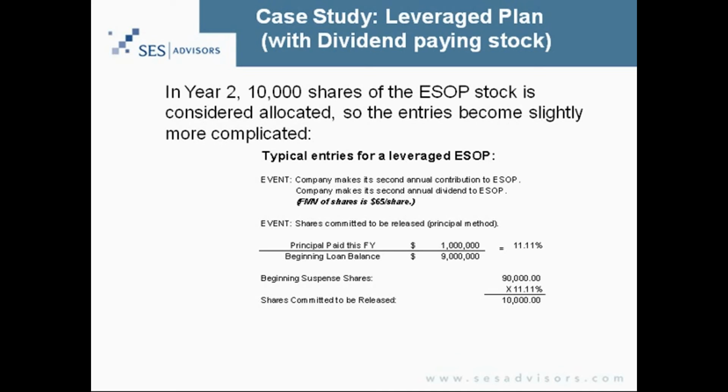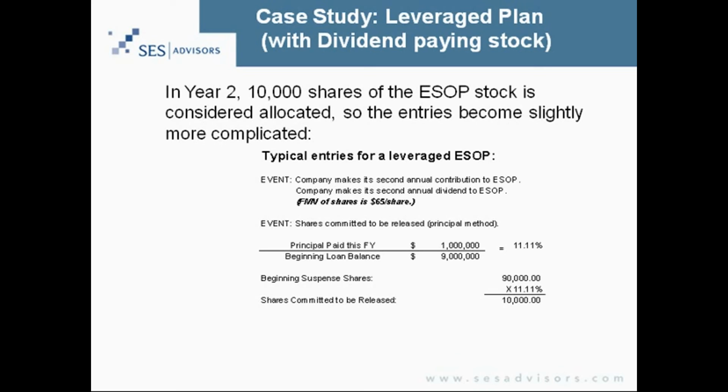With this structure, $1 million being paid each year and the principal method, we're simply allocating 1/10 of the shares each year. Of course, in reality, there may be principal prepayments, contributions above the planned amount, and often you're releasing more than the scheduled debt payment. But if you stick to the original amortization schedule on this type of structure, you're going to get an even share release when you have fixed principal and the principal method. You have to be careful with that in the design.